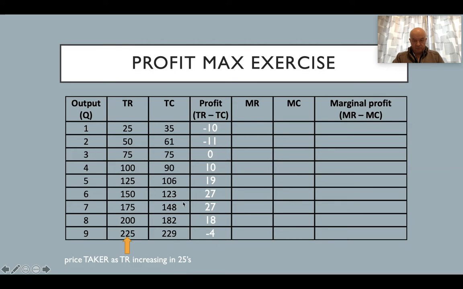So we've got to a point where we've actually covered total revenue and total cost, but then also, if we're thinking about this as a profit maximisation exercise, then we can probably see that at some point between 6 and 7 units, that is when we have the highest level of profit. Okay, 27 units, whatever that unit might be, let's call it pounds, £27 of profit for both 6 units and 7 units.